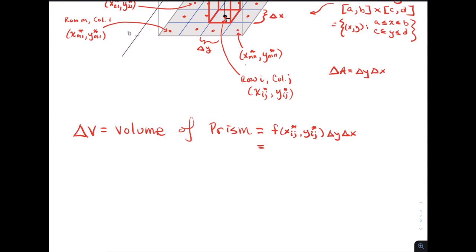Okay, so the volume is f of xij star, yij star times delta A.